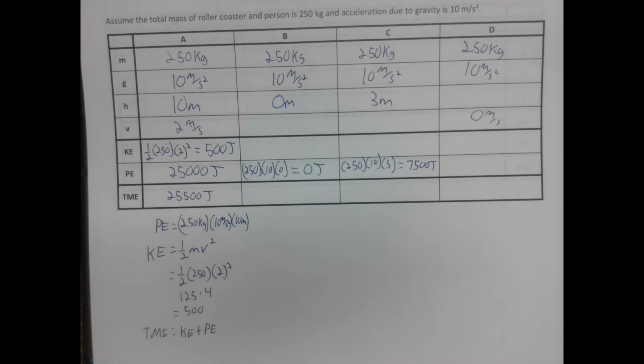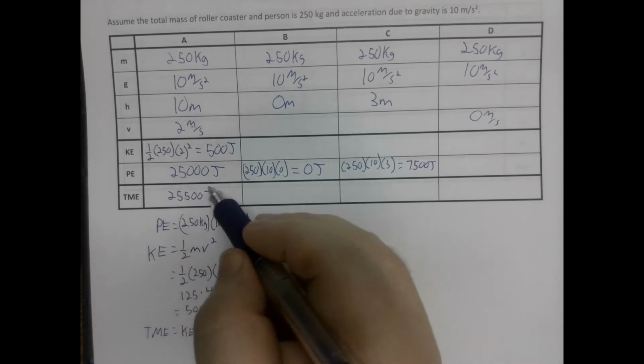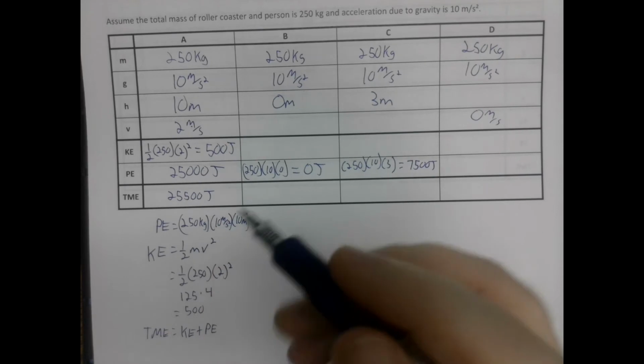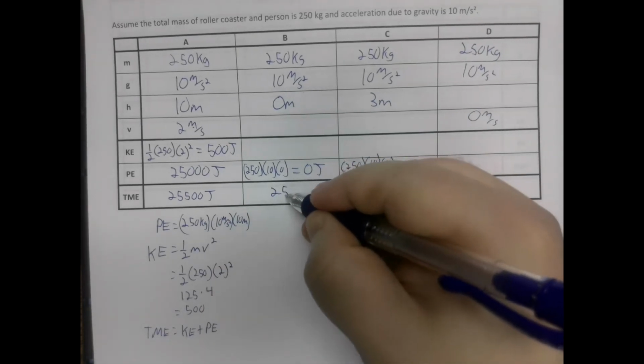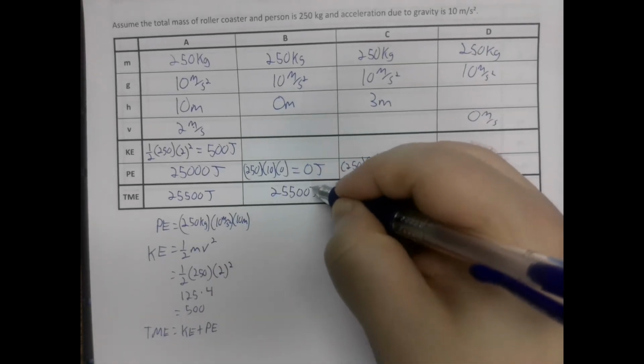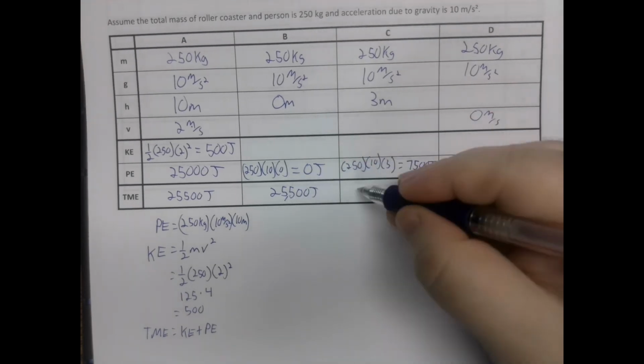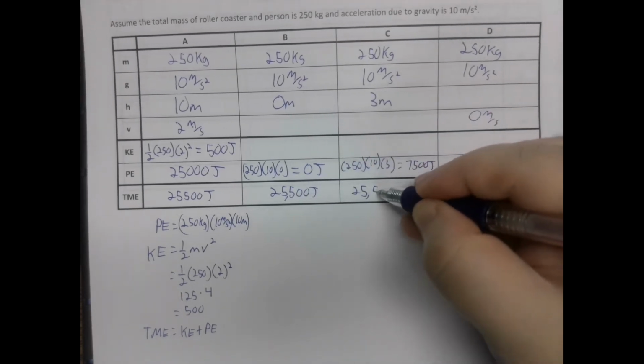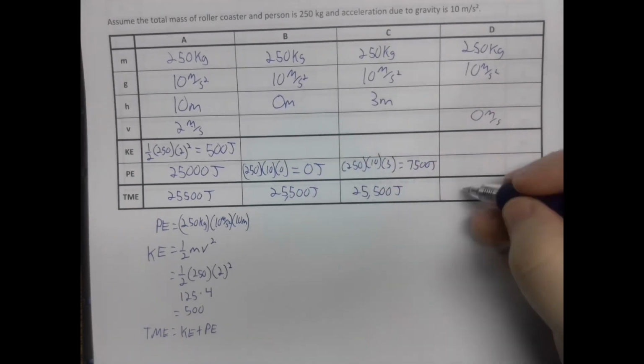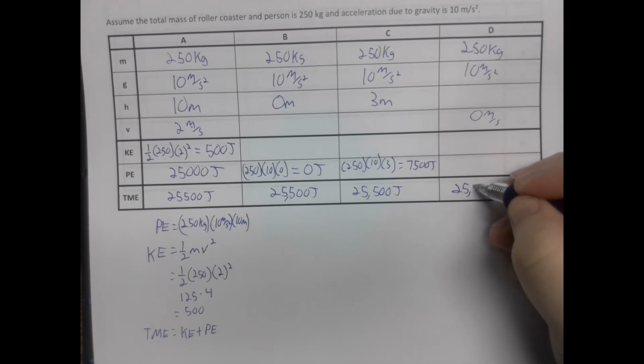All right. This is constant, right? So we can write anything that doesn't change for all the other ones. So 25,500 across the other ones.